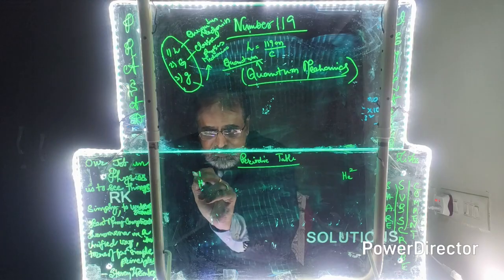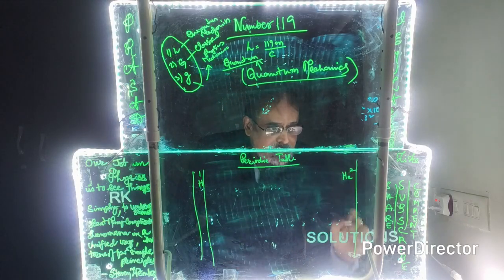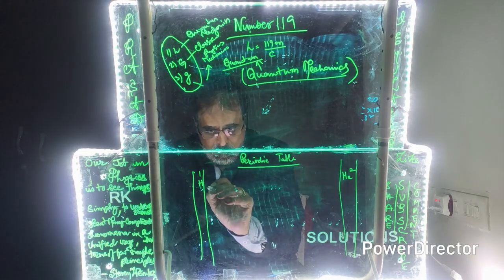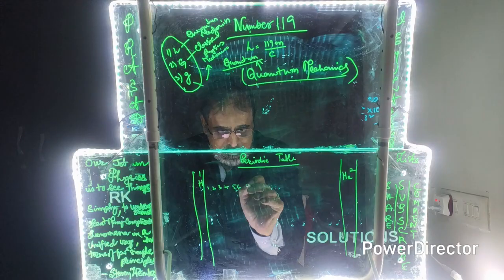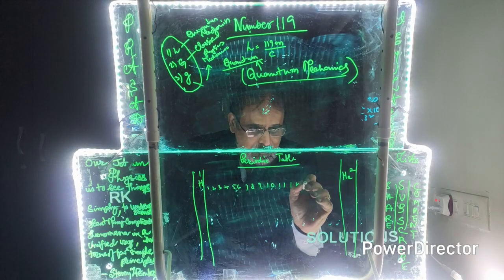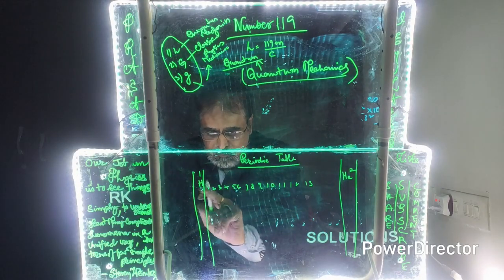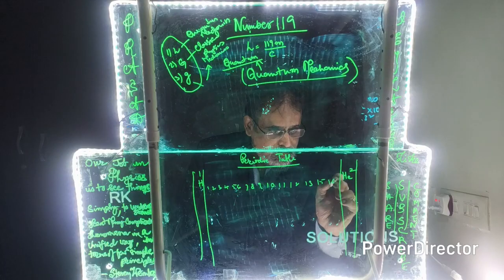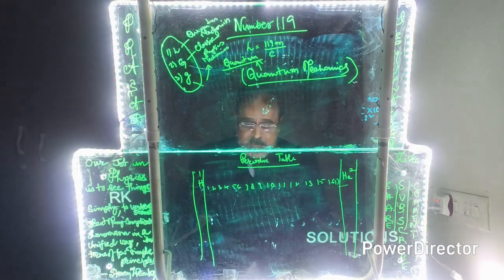They are arranged according to atomic weight, right? So now you have 1, 2, 3, 4, 5, 6, 7, 8, 9, 10, 11, 12, 13. So let's say this will be 13, 14, 15, 16, 17, 18. This will be the 18th one, right?